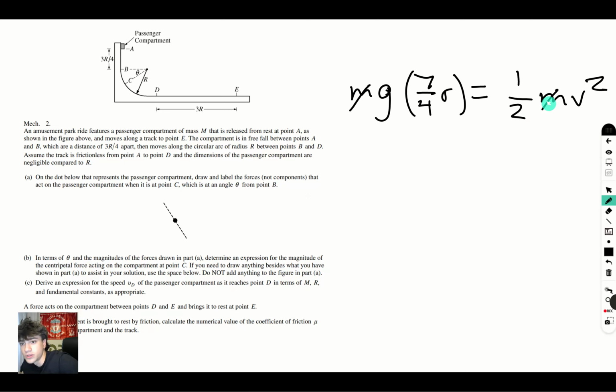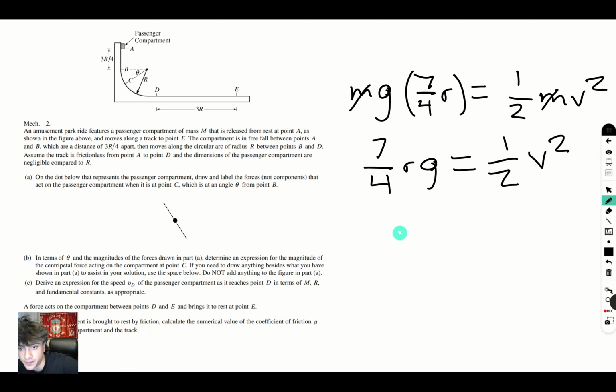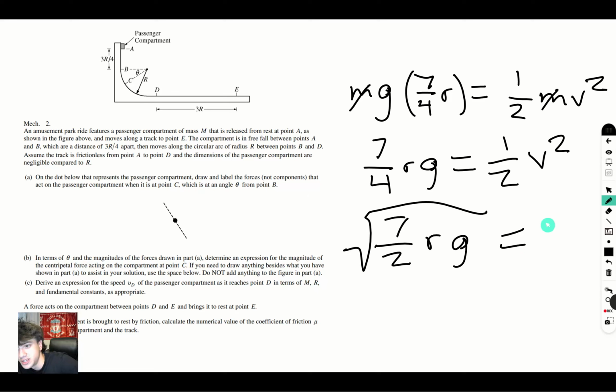These m's will cancel. 7/4 rg is equal to 1/2 v squared. So 7/2 rg is going to be equal to v squared, so the square root of 7/2 rg is going to be your velocity at point D.